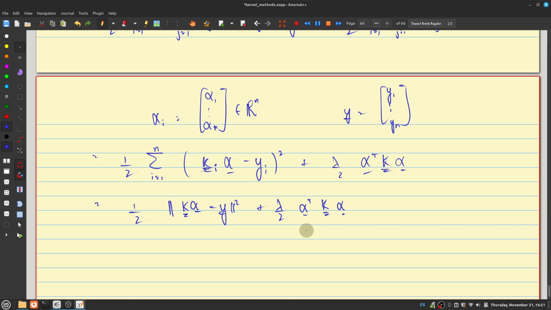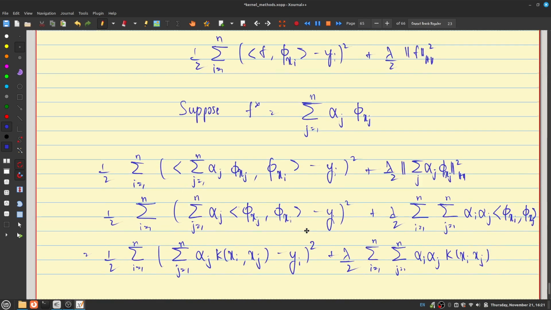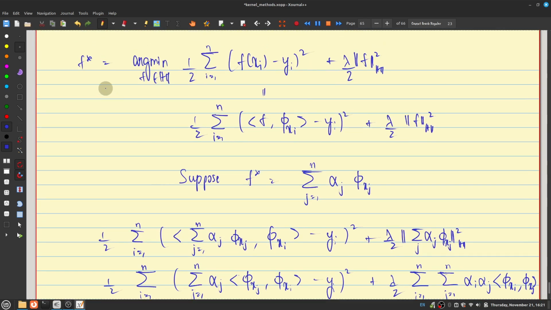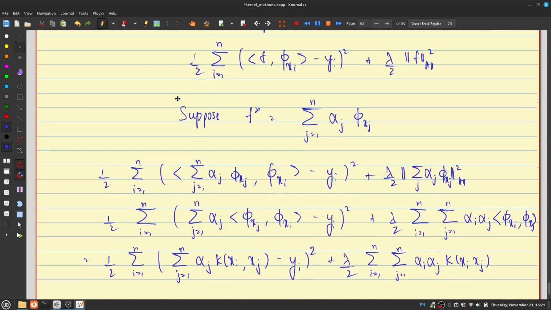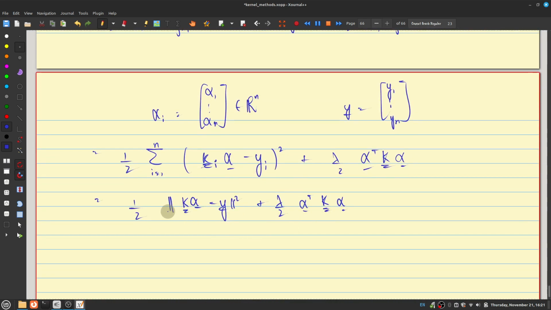Right. So in other words, solving for this problem, where we had to find this solution in the Hilbert space, is equivalent to finding that vector alpha that minimizes this particular quantity.